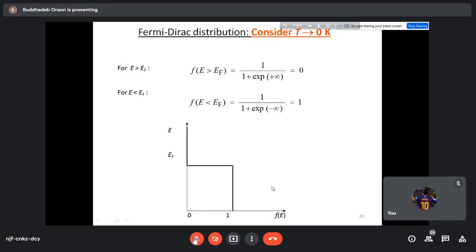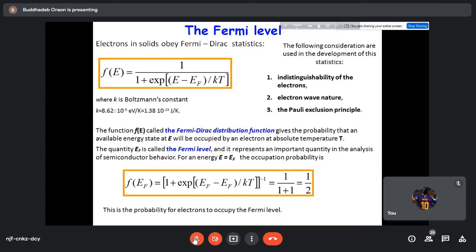If EF is at this particular value, the Fermi energy level, and we are taking absolute zero, the electrons which will have energy above this Fermi energy level, they will have the... let me explain it in some other diagram. Let me explain the Fermi energy level by this equation.